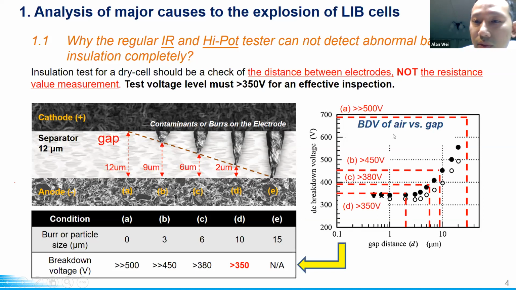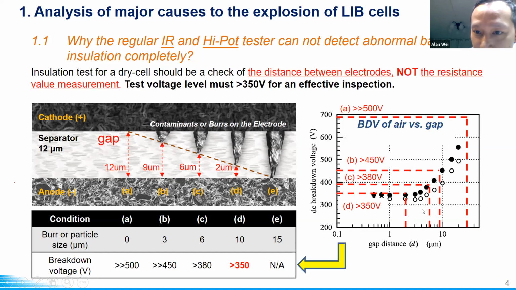On the right-hand side is the breakdown voltage of the air versus the gap distance. In this case, we assume the separator is about 12 micron, and there will be different heights of the particle. The gap between the cathode and anode is shown in red.